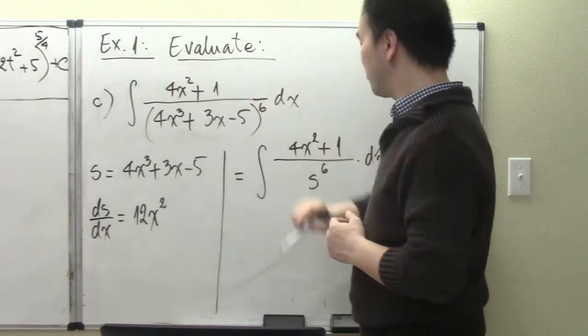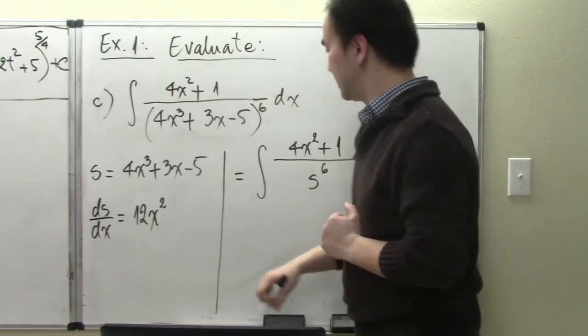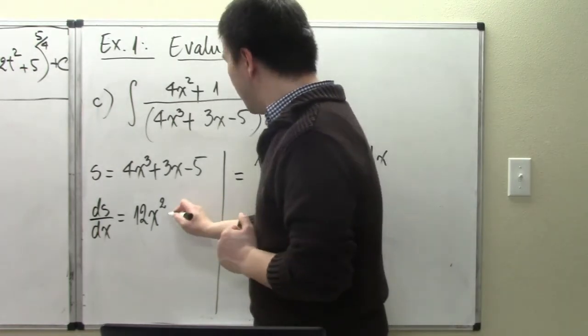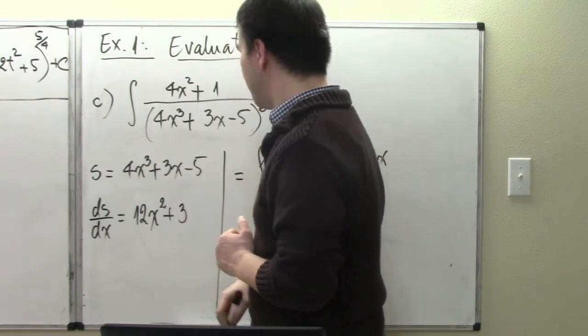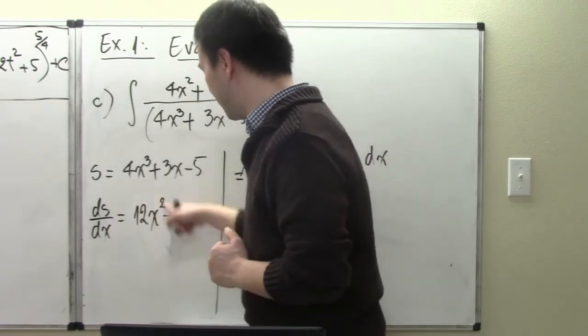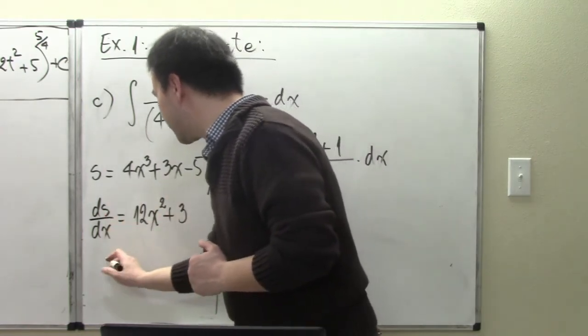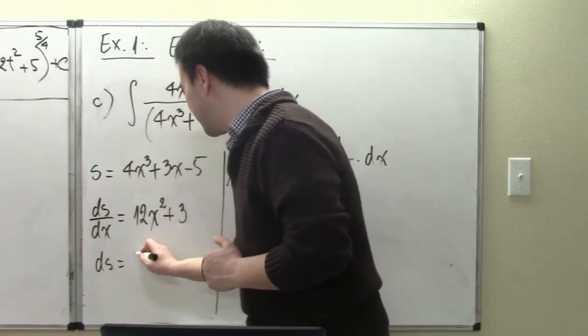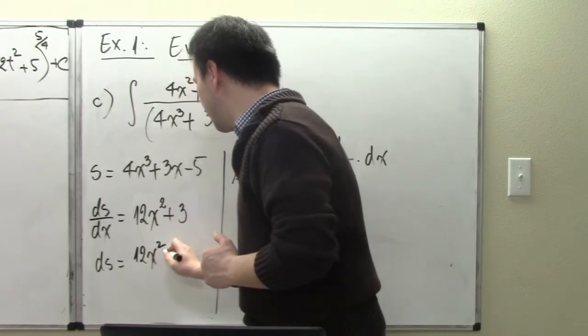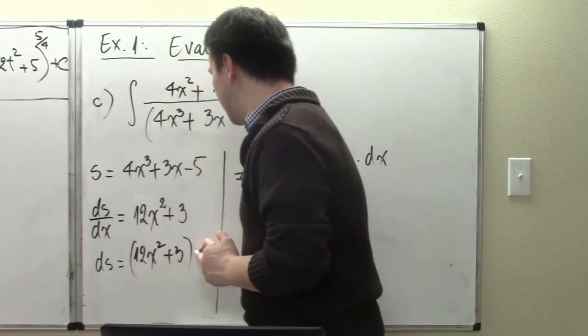The beginning problem was right. It's just this step where I had a little bit of a typo. Okay, so plus, and so 12x squared plus 3. Okay, and so now I'm on my way to solve for the dx right here. So ds will equal, because now we're taking that as a fraction, 12x squared plus 3 times dx.